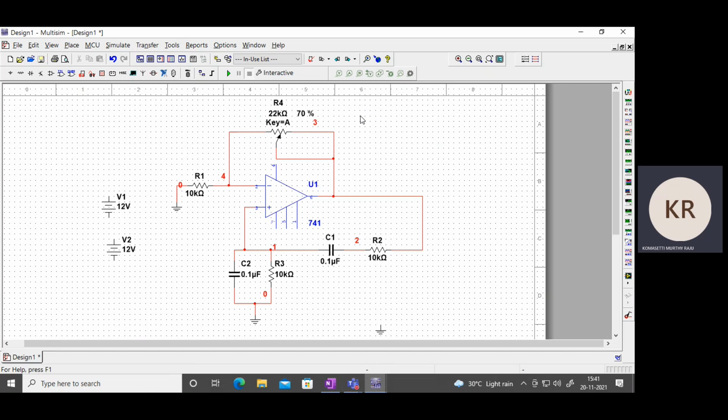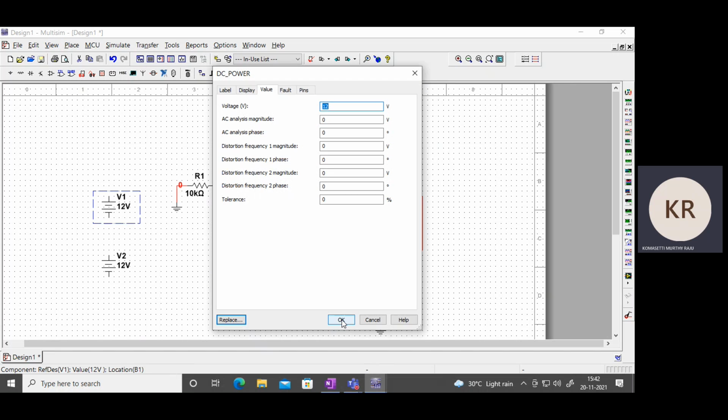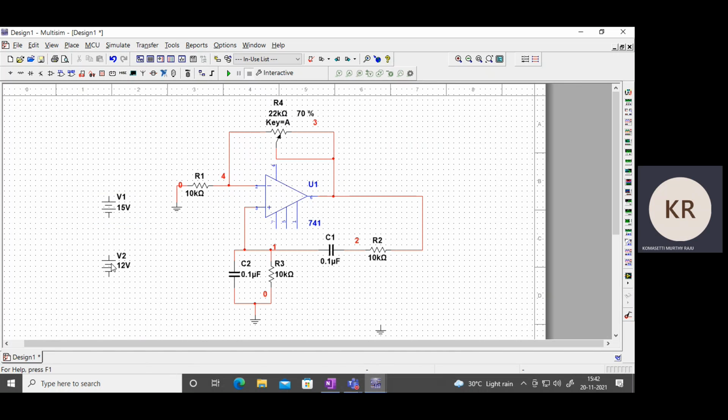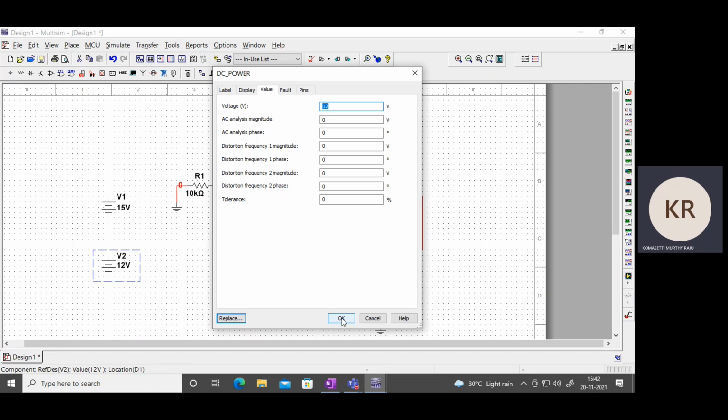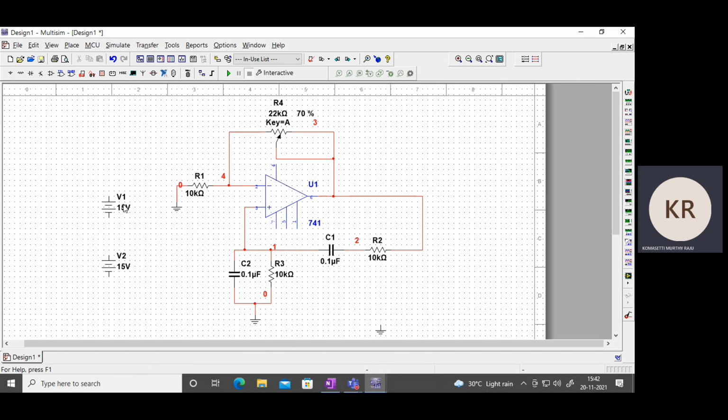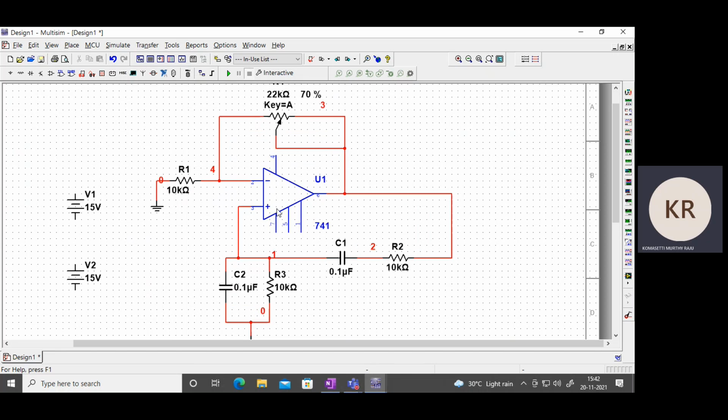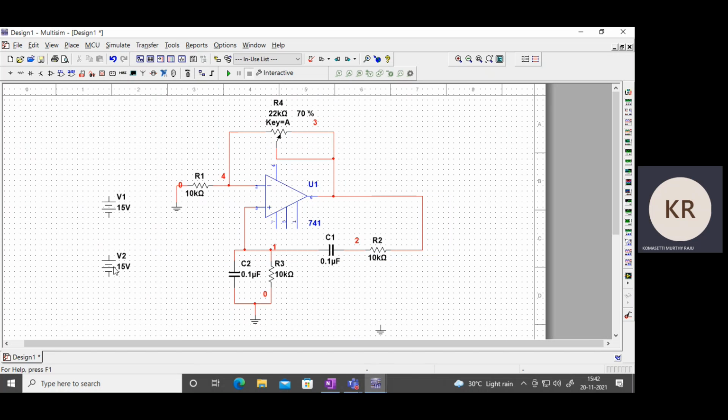Okay, next one. Here change to 15 volts. Okay, here also 15 volts. This 15 volts positive is connected to here.